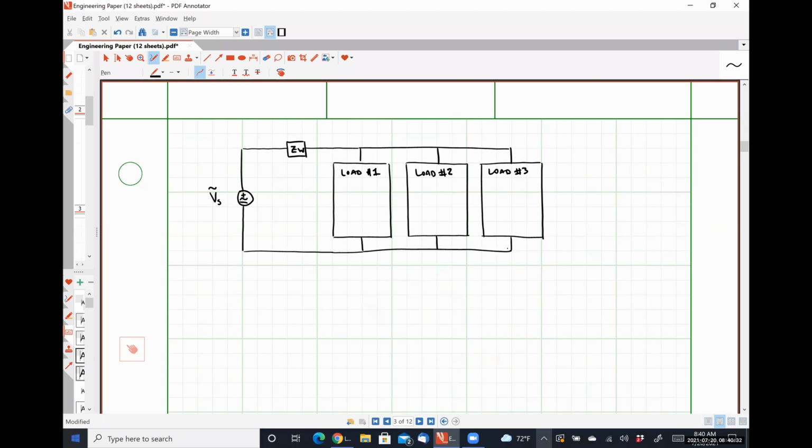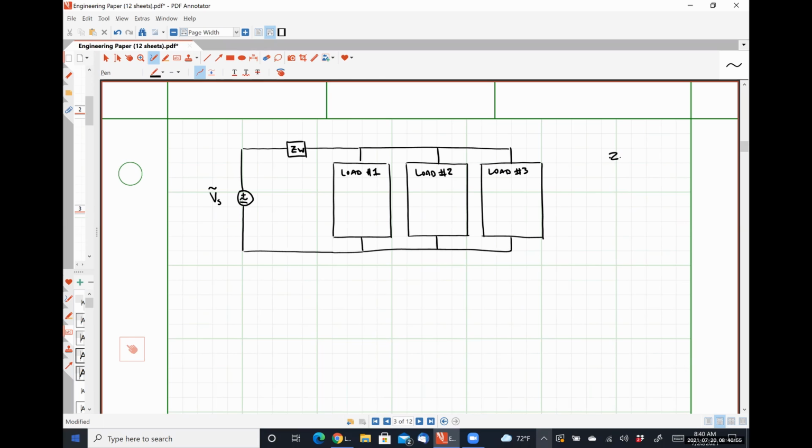So in this system, we have some voltage source, which could be the single phase of the transformer, that is feeding 3 loads, and the transmission line that is being used to connect the voltage source to the loads has some impedance.